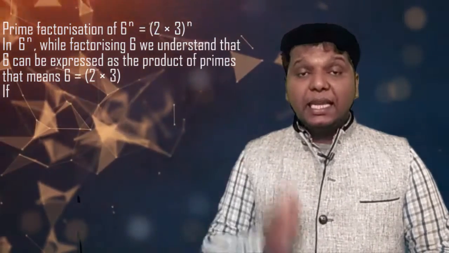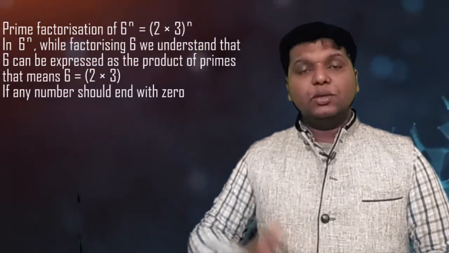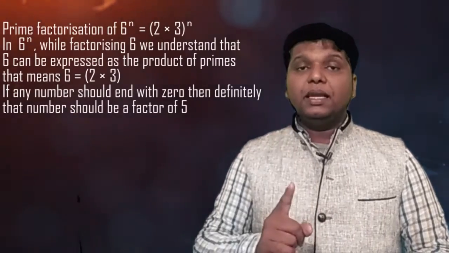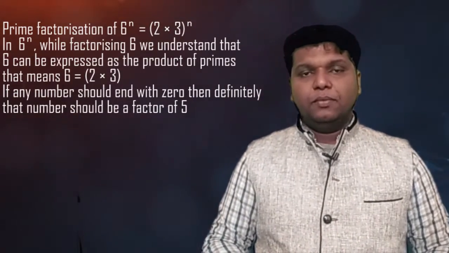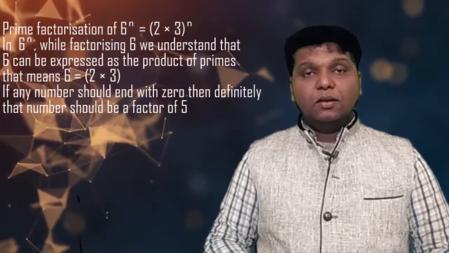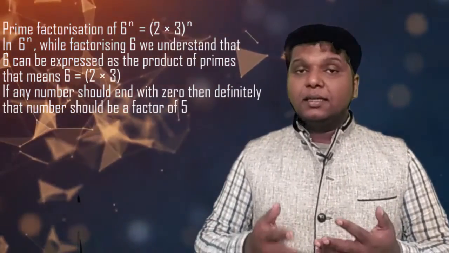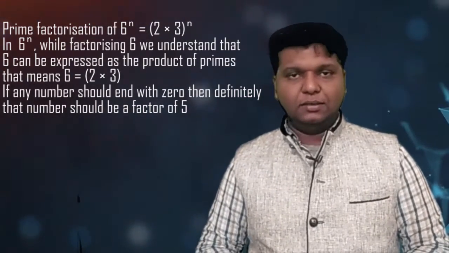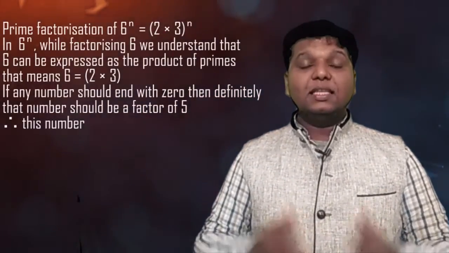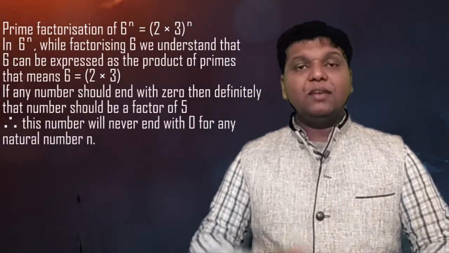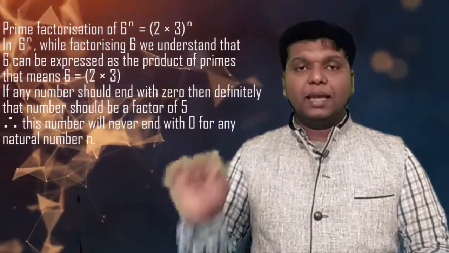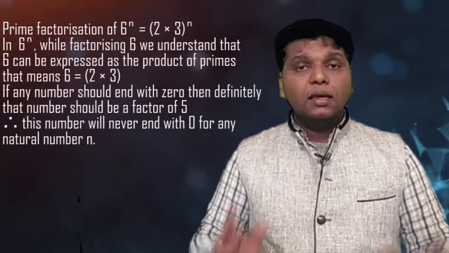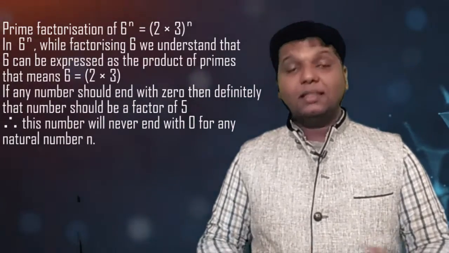Then we will say if any number should end with 0, then definitely that number should have 5 as a factor. While checking, we can understand that 6 does not have 5 as one of its factors. Therefore, this number will never end with 0 for any natural number n. Means whatever power you give to n, it doesn't matter, it's not going to end with 0. Like that you can conclude.